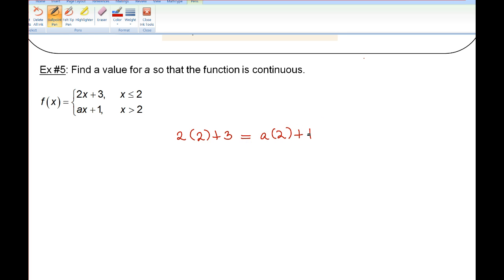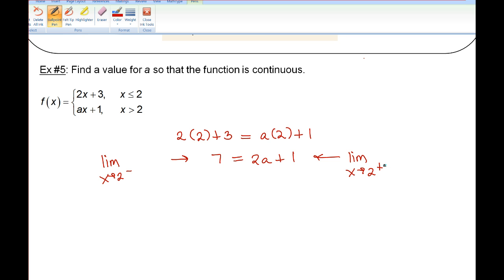Because remember, from the left and from the right, if we were to look at the left-hand limit, that would be this. Our left-hand limit gives us 7. Our right-hand limit, okay, so this is the limit as x approaches 2 from the left. And this is the limit as x approaches 2 from the right. We want to make sure that those are equal to each other.